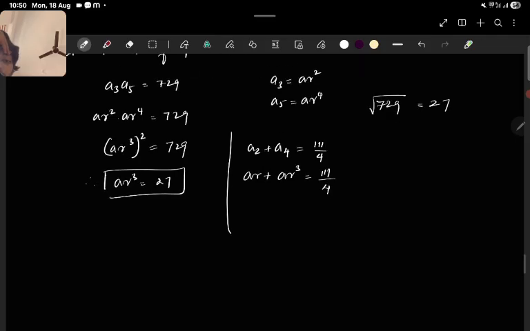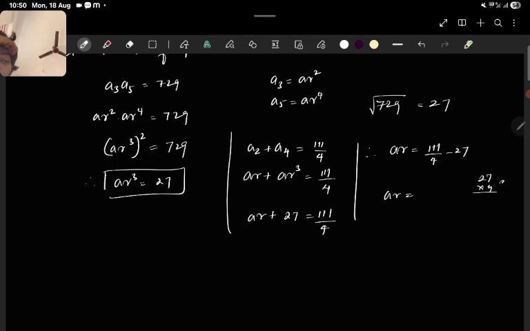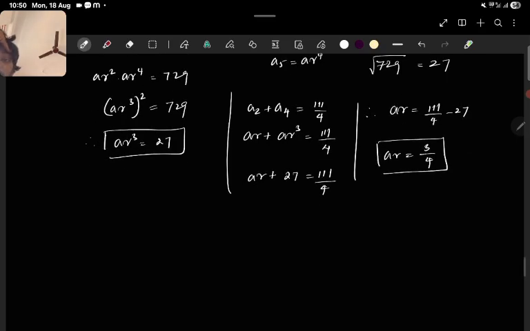So ar cube is 27, therefore ar is equal to 111 by 4 minus 27. 27 into 4 is 108, so it will be 111 minus 108, 3 by 4. So ar is equal to 3 by 4.